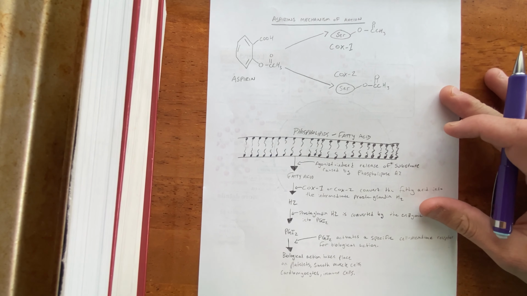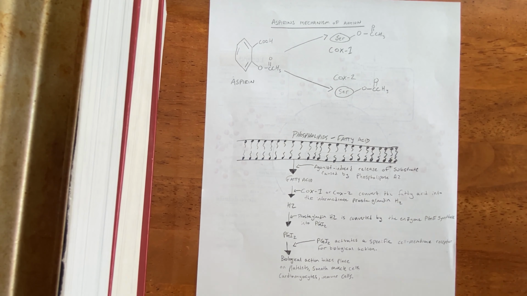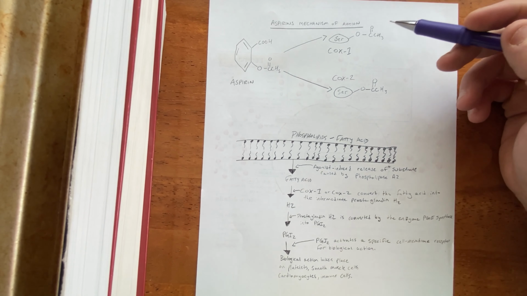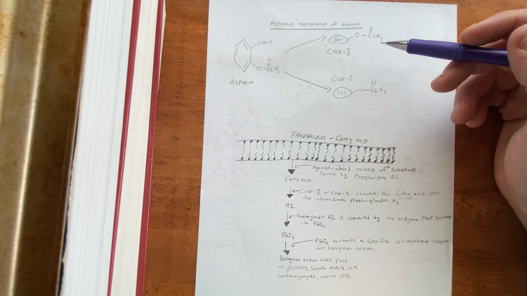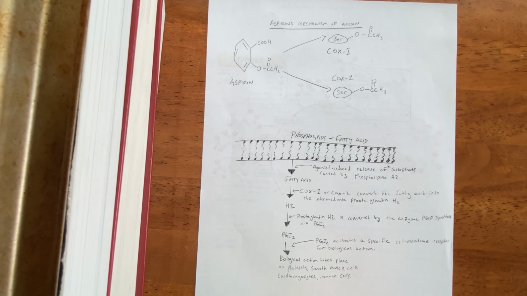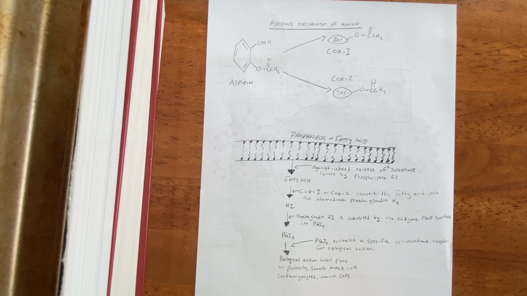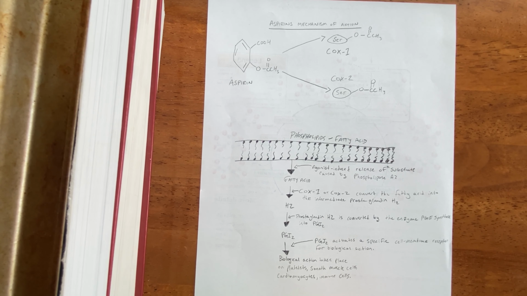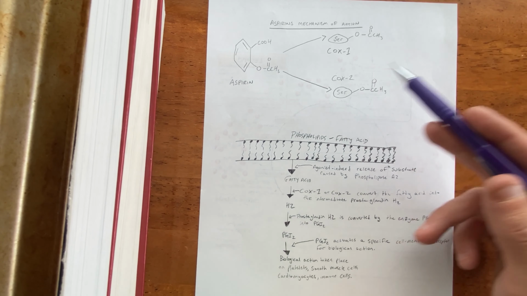So our second page here, looking at the mechanism of action. Like I was saying earlier, we have our aspirin, and it irreversibly inhibits cyclooxygenase by the acetylation of an amino acid serine residue. This results in the blocking of the biosynthesis of prostaglandins, so they're not being made anymore.